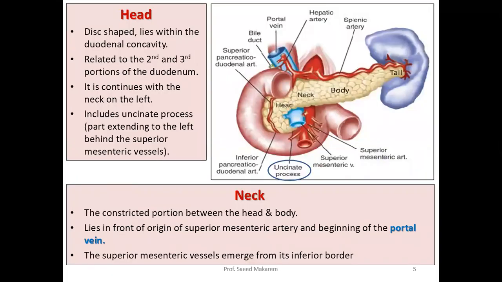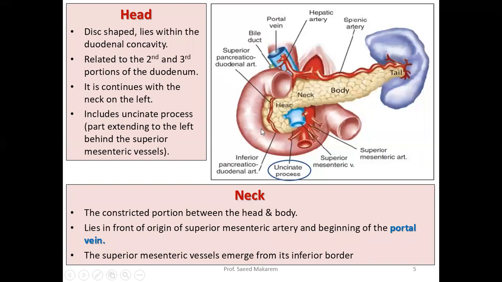If you study the head itself, this is the head here. If you see, it is dish shaped, lies within the duodenal concavity, not cavity. Cavity is here, but concavity is this one because it is C shaped. As you know, the duodenum we have already studied. It has four parts: first part, second part, third part, and fourth part.